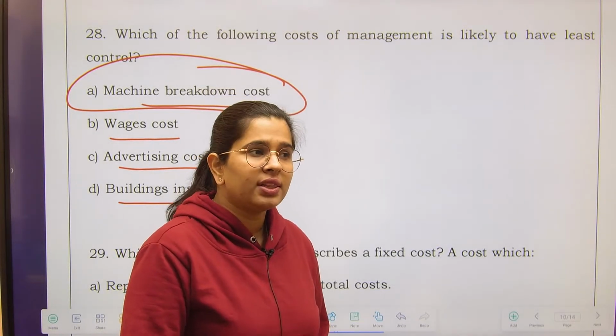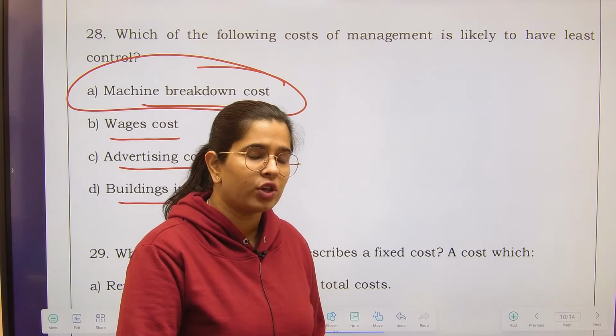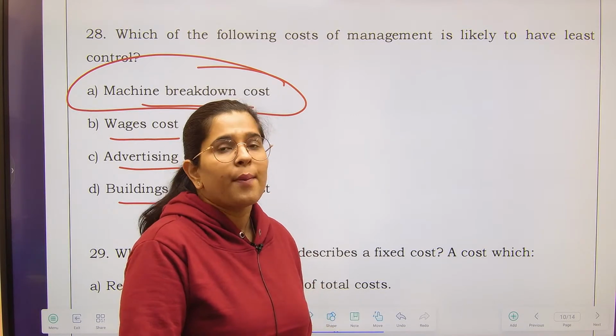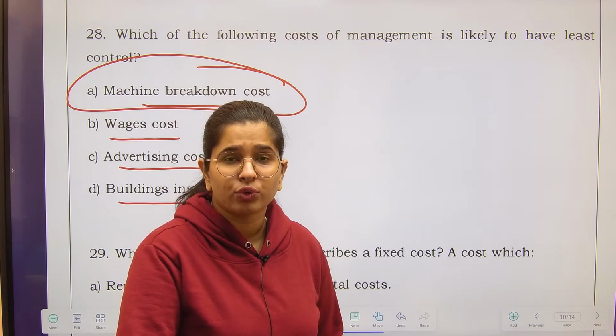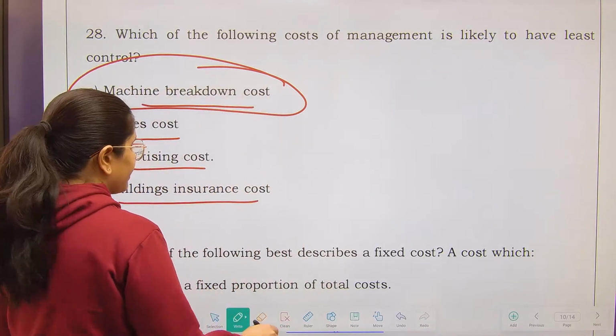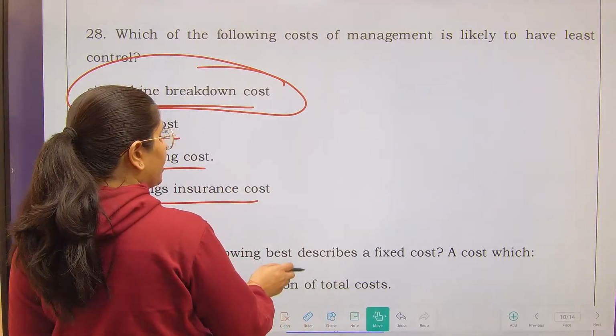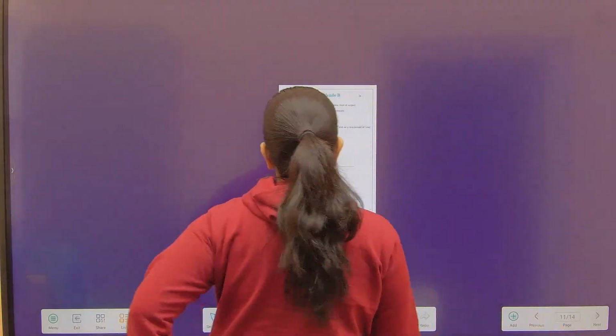You can control the insurance thing, you can change the insurer, all those things you can do, right? But you do not have any control if your machinery goes out of order. Next is, which of the following best describes a fixed cost? We have already talked about it.